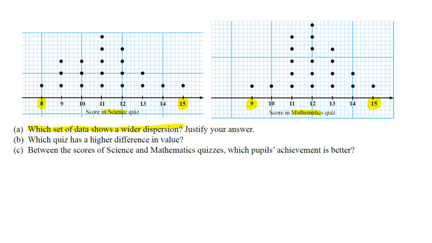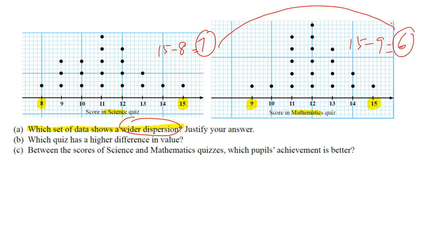So which has a wider dispersion? If you want to know, you minus highest minus the lowest, 15 minus 8, you'll get 7. So for maths, you have 15 minus 9, you have 6.